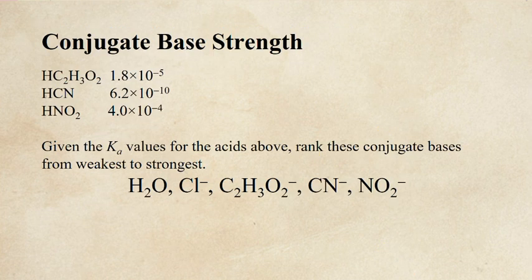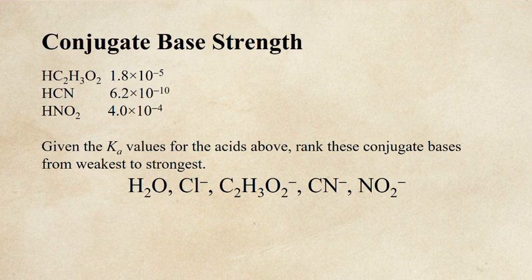Conjugate base strength. Okay, so we have Ka values for acetic acid, for hydrocyanic acid, and for nitrous acid. The question is, given the Ka values for the acids above, rank these conjugate bases from weakest to strongest. So what we talked about earlier was when strong acids dissociate, they have a weak conjugate base, and therefore weak acids would have relatively strong conjugate bases.